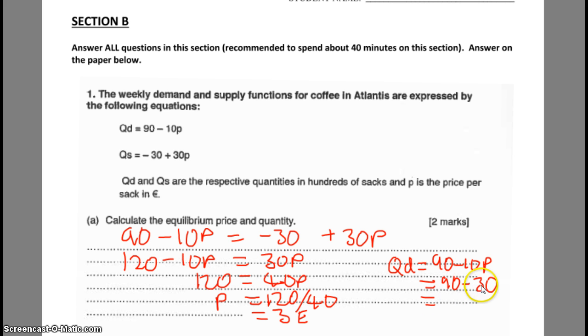Because we've put 3 in there, 10 times 3, 90 minus 30 equals 60. Put it in the right figures, so it's 6,000 because it's in that quantity. So that was the first one, fairly simple.